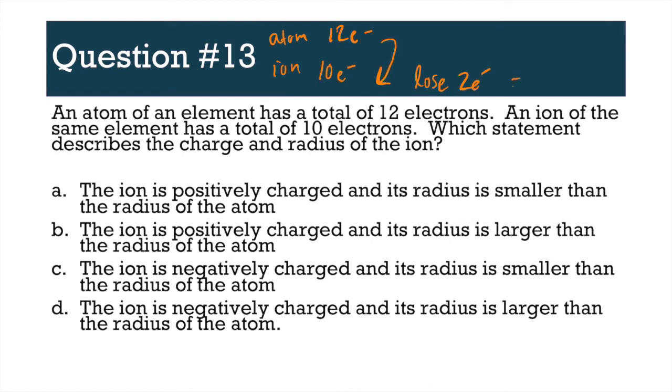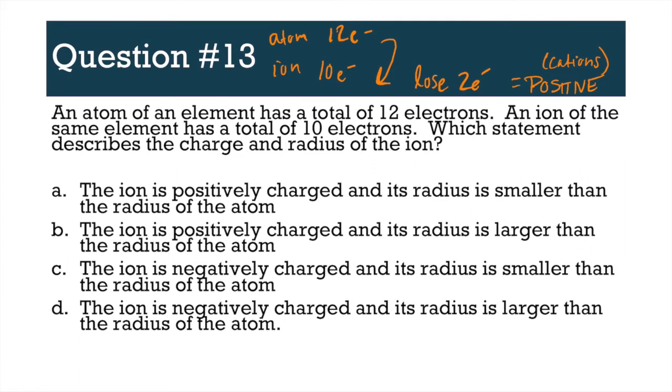Now remember, electrons are negative. If you're losing negative stuff, you become positive. Remember, positive ions are called cations because cats have paws, it's positive. So now we know that it is positive.